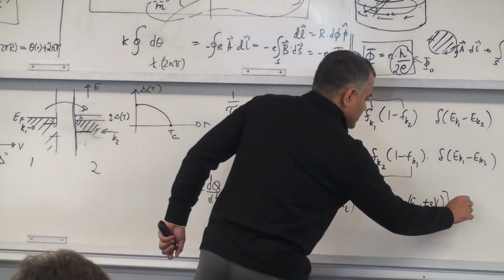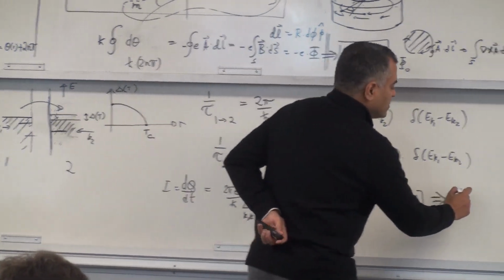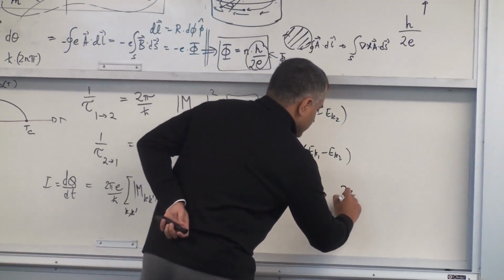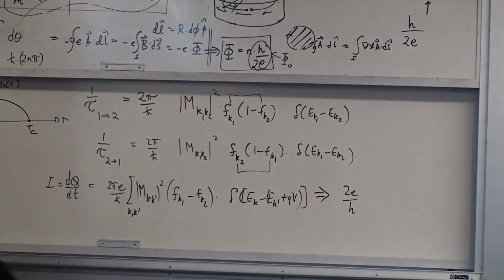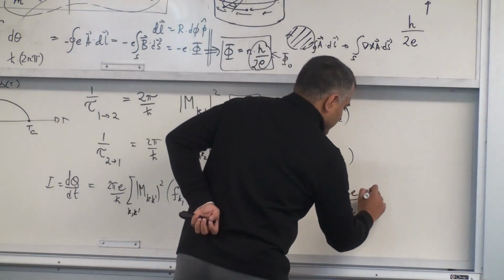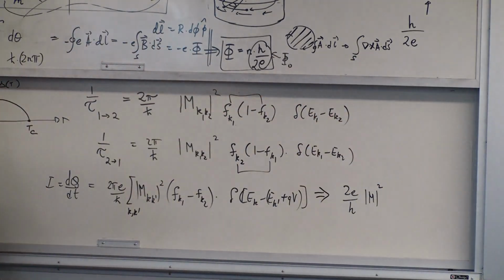And with this, when you sum over k's, it converts into an expression that I'll just write here, 2e over Planck's constant times, let's assume that the matrix element, again, these are very crude approximations at this point, is not changing much as you change from k to k prime. They're of the same order.